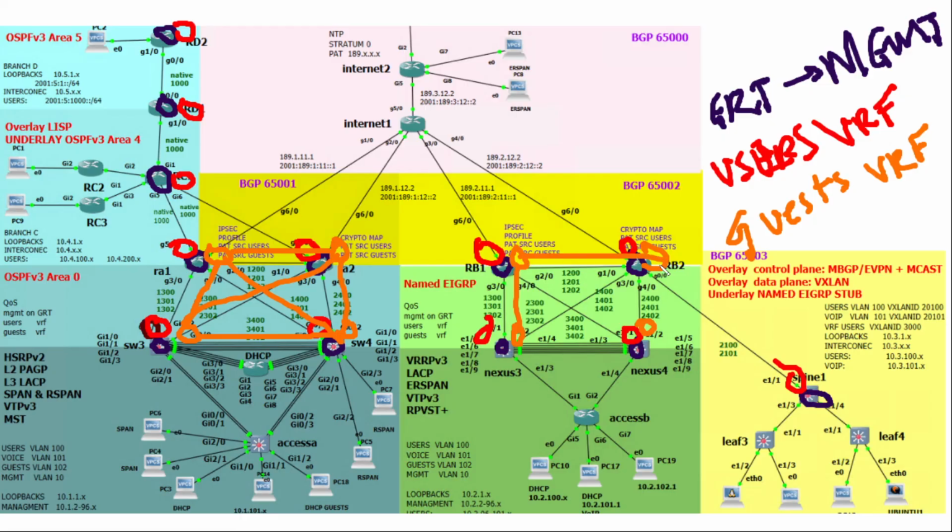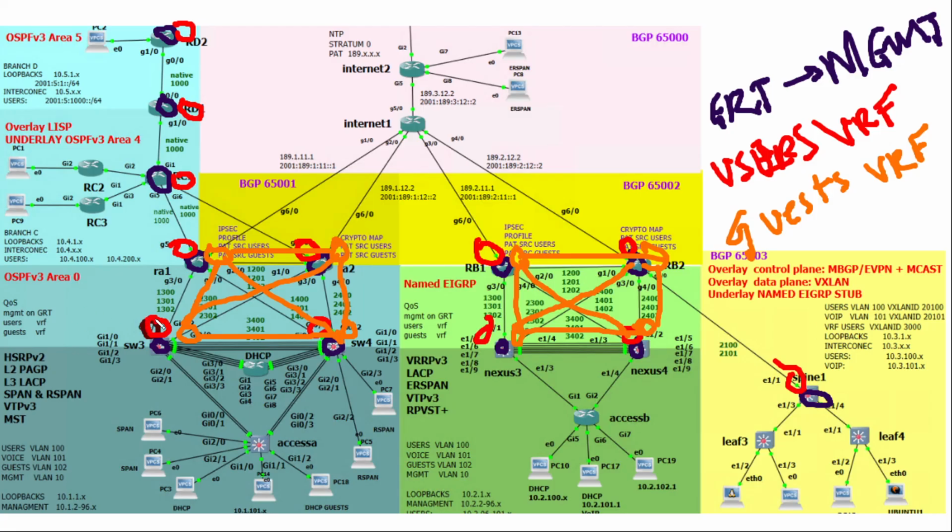So in order to communicate the guest VRFs across devices, we are going to create these virtual data paths using different VLANs using 802.1Q, and the same will apply for the users VRF.